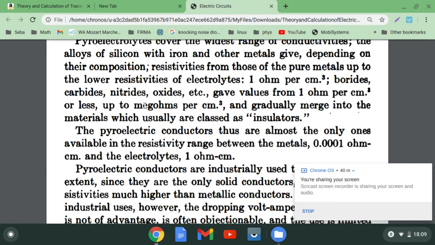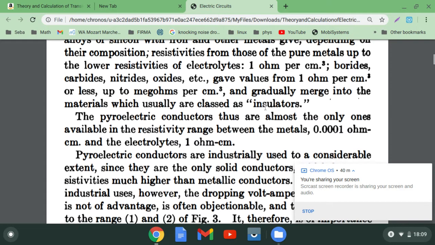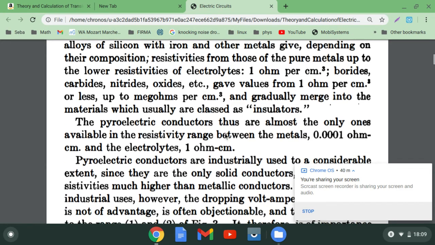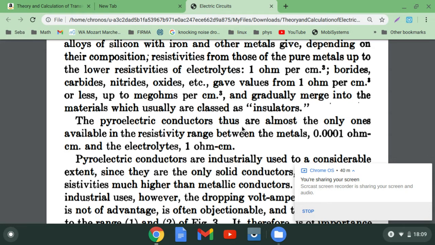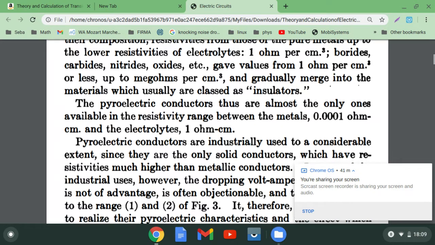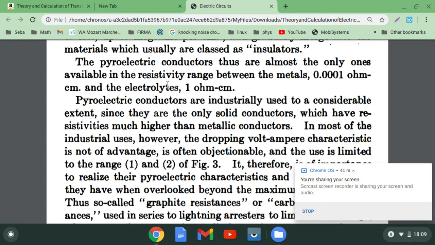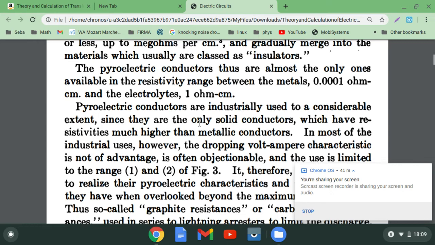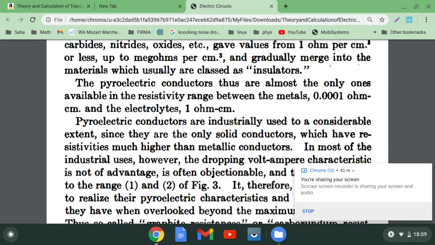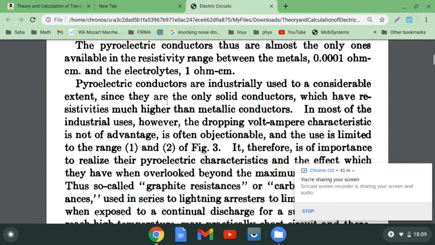Borides, carbides, nitrates, oxides, etc. give values from 1 ohm per centimeter cube or less up to megohms per centimeter cube and gradually merge into the materials which usually are classed as insulators. Pyroelectric conductors thus are almost the only ones available in the resistivity range between the metals, 0.0001 ohm centimeter, and the electrolytes, 1 ohm centimeter.